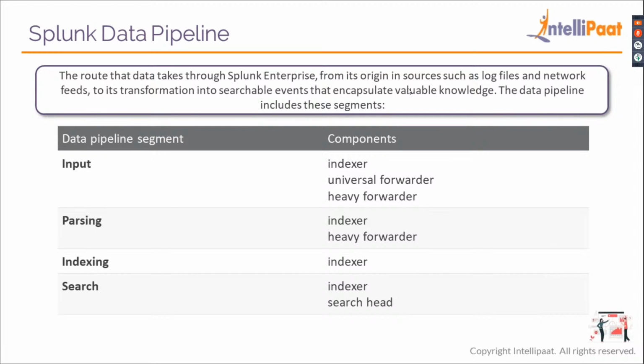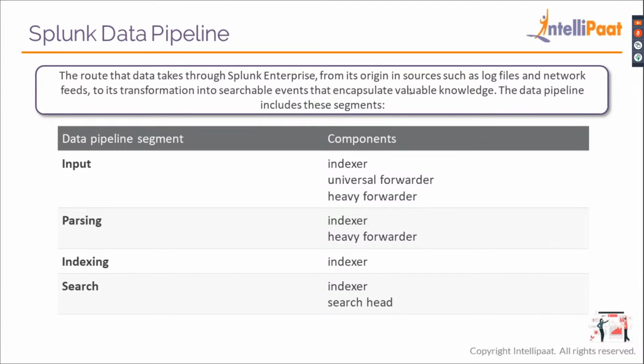It can be performed by a universal forwarder. It can be performed by a heavy forwarder. Now, it may be a little confusing, but just understand that a universal forwarder is basically a very lightweight forwarder. It does not have any extra parsing ability, whereas a heavy forwarder has a little bit of parsing ability. It can parse the data before it sends it to the indexer.